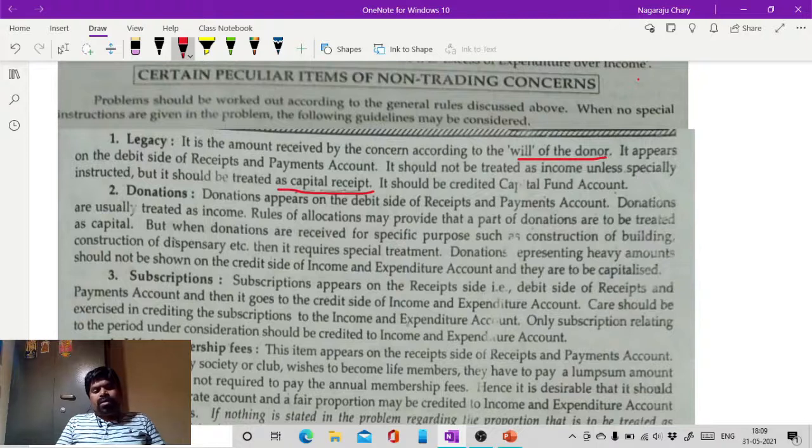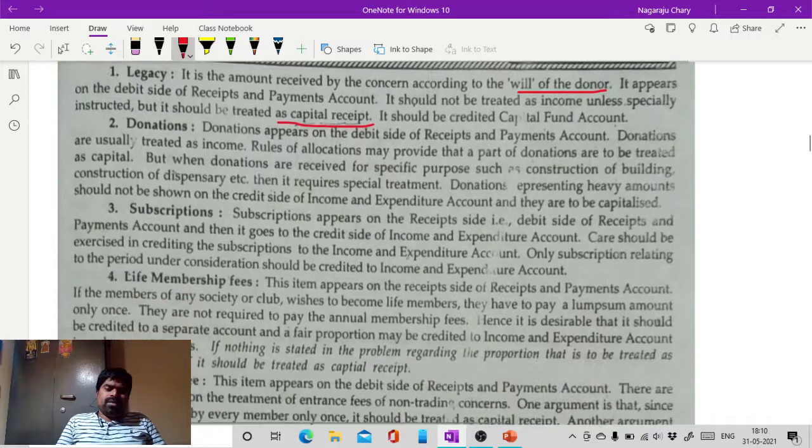So that's why it is considered a capital item, even though it is to be recorded on the debit side of receipts and payments because of receipt, and whatever we receive is to be credited to capital fund, because this is to be added to capital fund. So that is legacy.